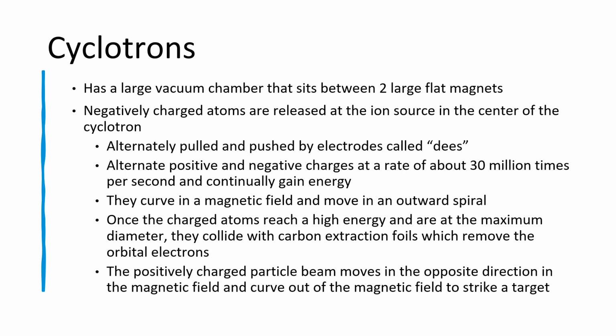So it will continually gain energy as it continues to have that outward spiral. Once the charged atoms reach a high energy and their maximum diameter, they collide with carbon extraction foils, which remove those orbital electrons. Only that proton then comes through and bombards the target. So the positively charged particle beam moves in the opposite direction in the magnetic field to curve out of the magnetic field and strike the target.